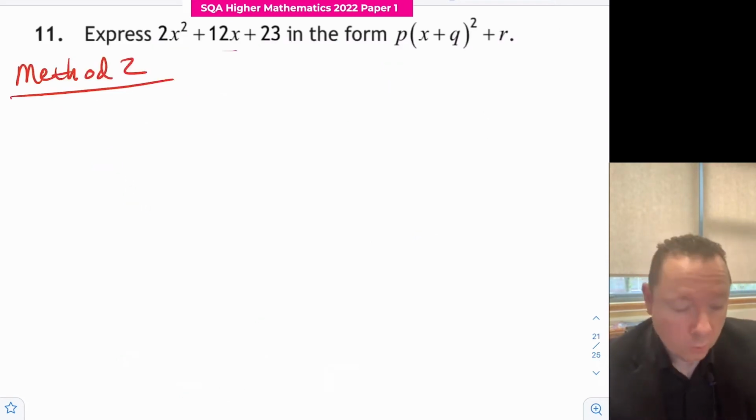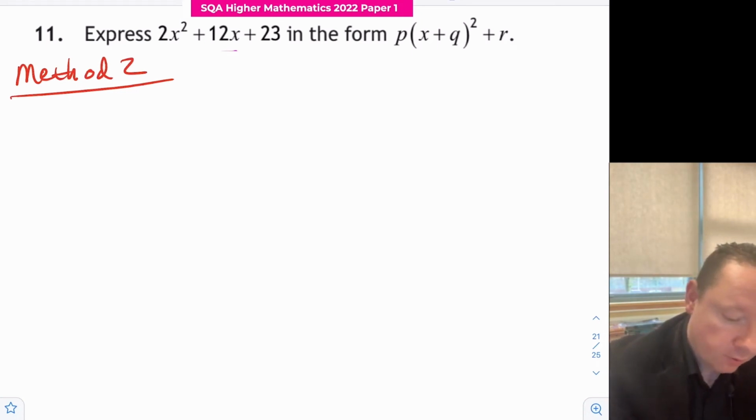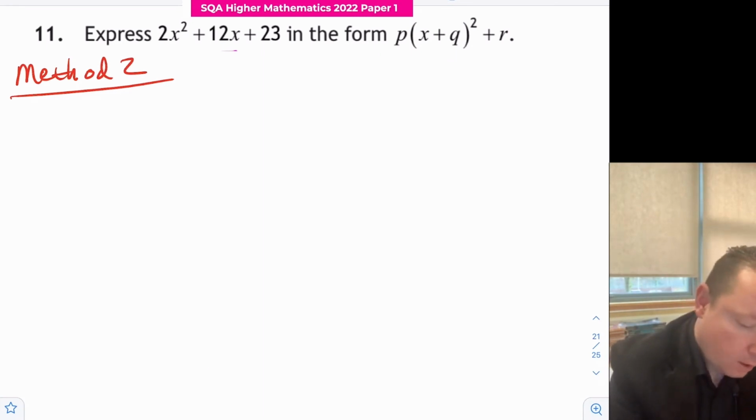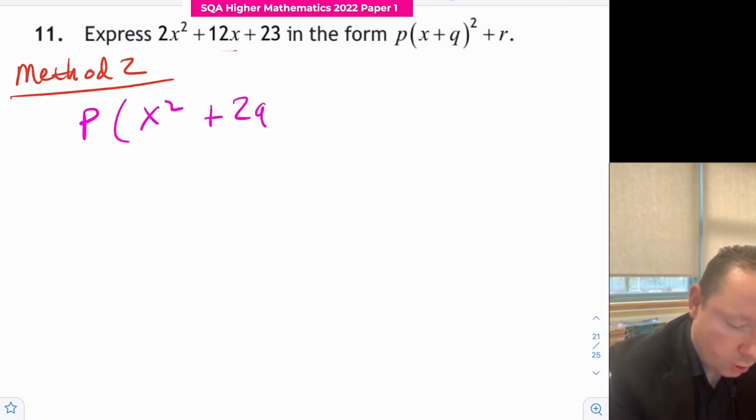Okay, another optional method that you could use for this, but not often taught, is to start from this point and expand it and then equate the terms. I'll show you that method now. So if I've got p(x plus q) squared, that's p times x squared plus 2qx plus q squared, and that is now plus r.